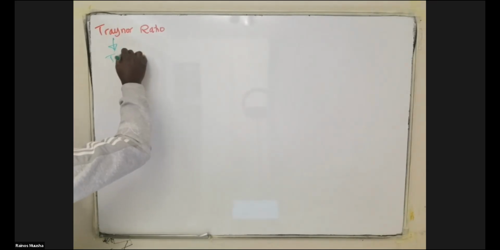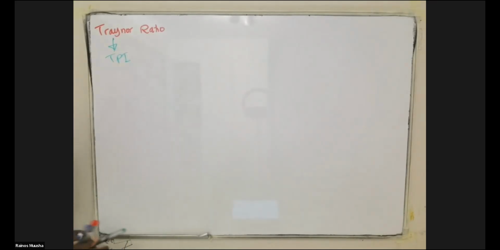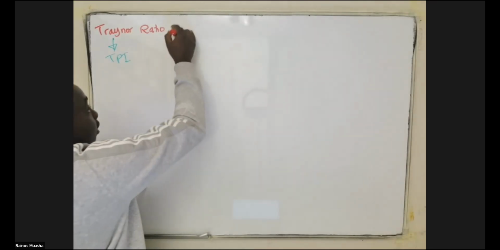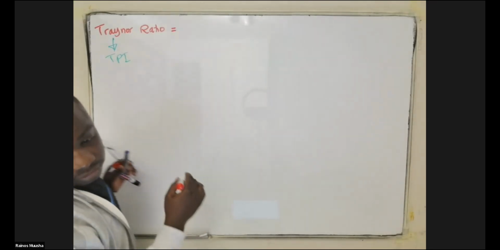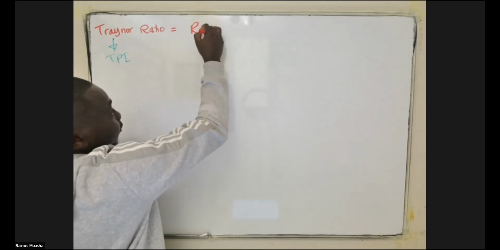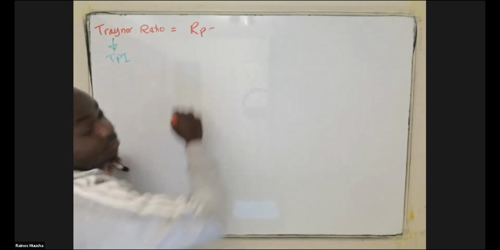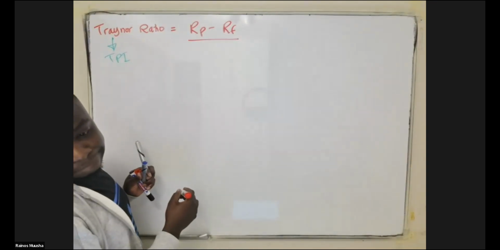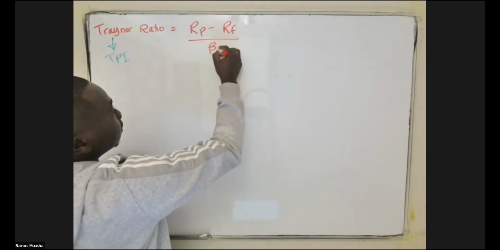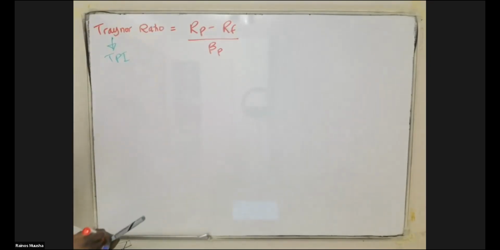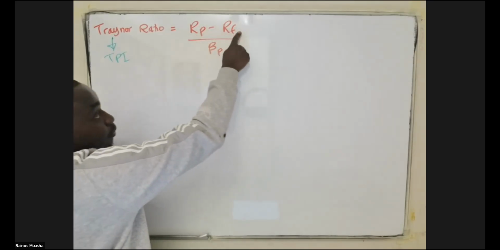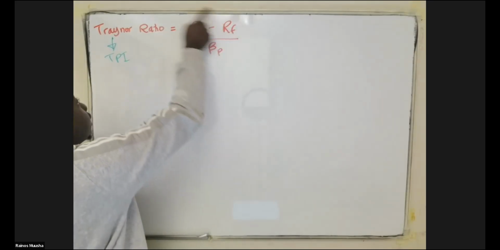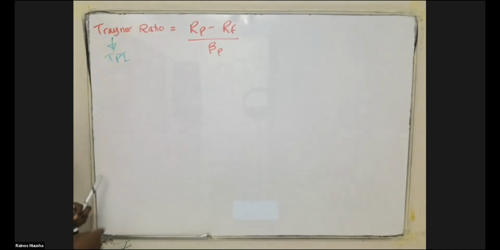The Treynor ratio is given as the return of the portfolio minus the risk-free rate of return divided by the beta of the portfolio. So the return of the portfolio minus the risk-free rate of return divided by the beta of the portfolio gives you the Treynor ratio of that particular portfolio.